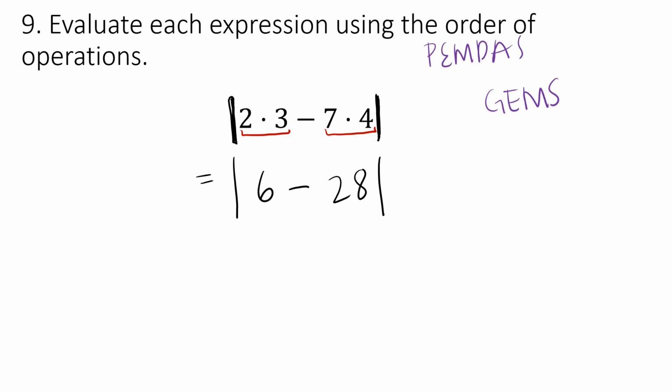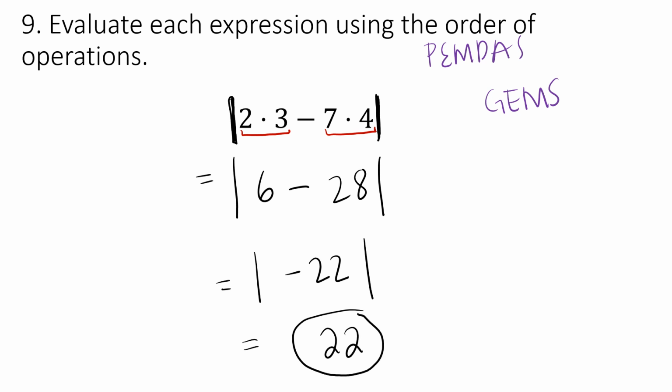Then I'm subtracting. Again, I'm working inside of the absolute values here. 6 minus 28 would be negative 22. And the absolute value of negative 22 would be 22. So remember, absolute value makes things positive.